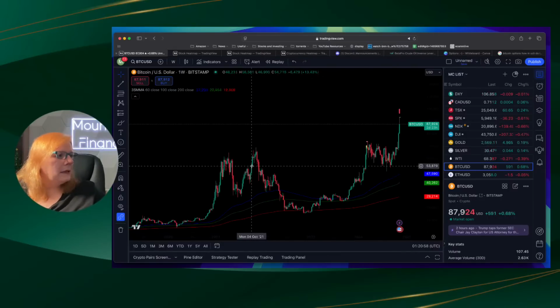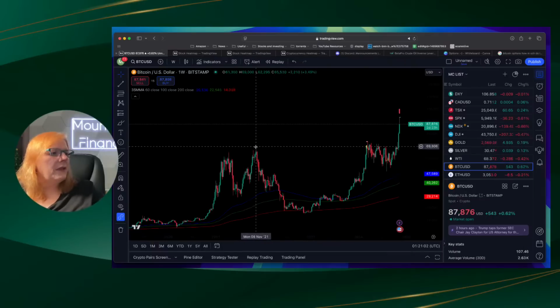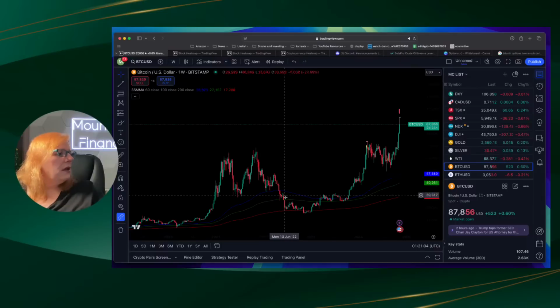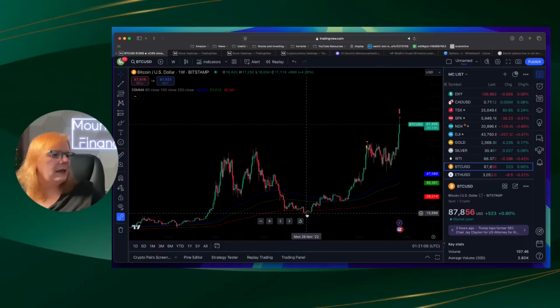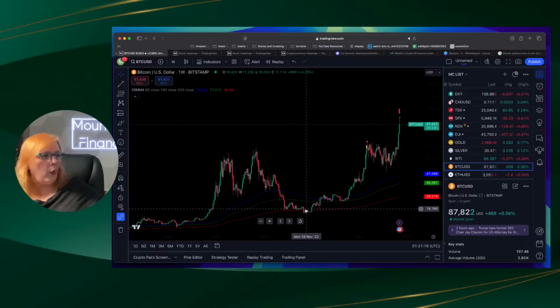If you had bought on the way up here at 69,000, almost 70,000, it fell all the way down here. It sort of wicked down to 15,000, but around 17 to 20,000 is pretty much where it went down to.